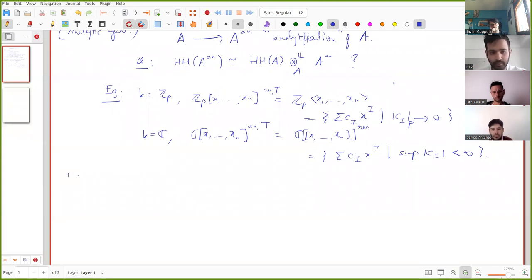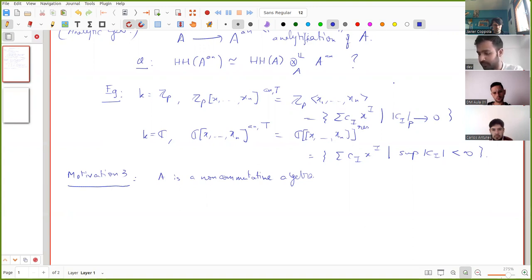A third motivation goes as follows. Now let's forget about commutative algebras. Let's take non-commutative algebras. So say A is a non-commutative algebra, again over any field or ring, whatever, that doesn't really matter.